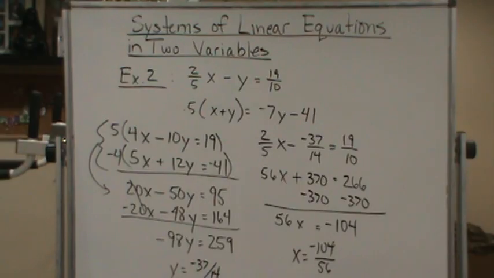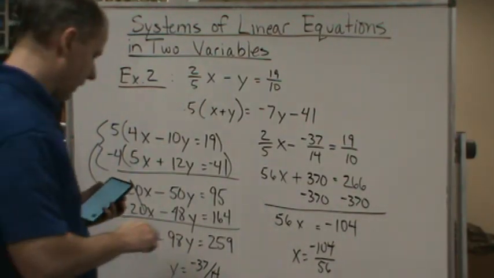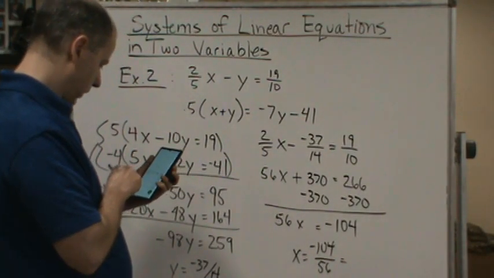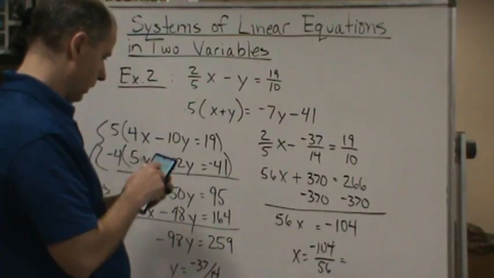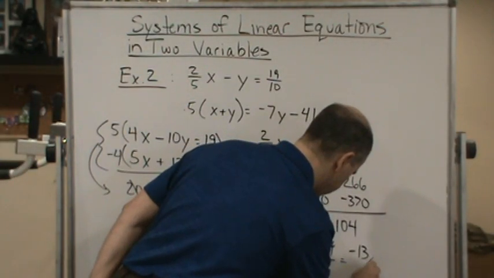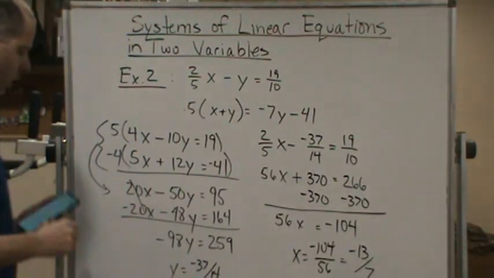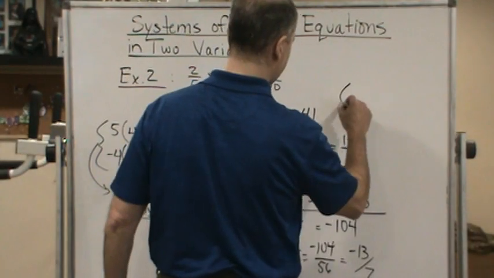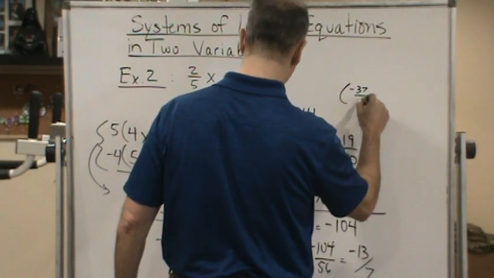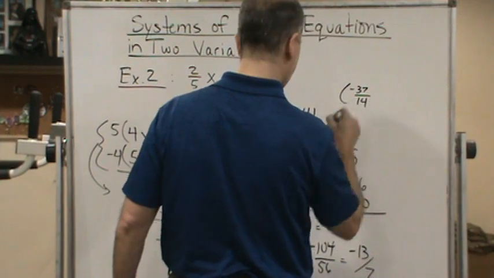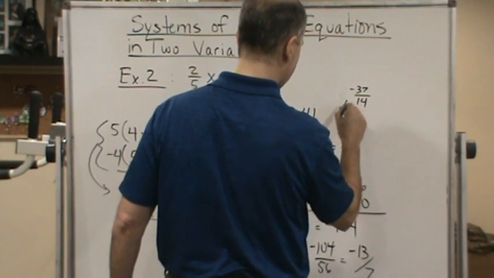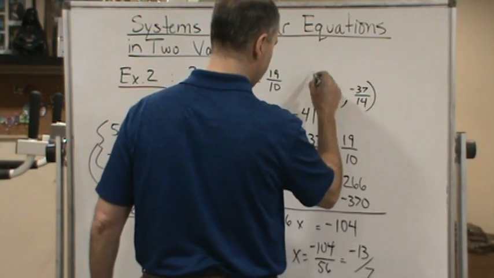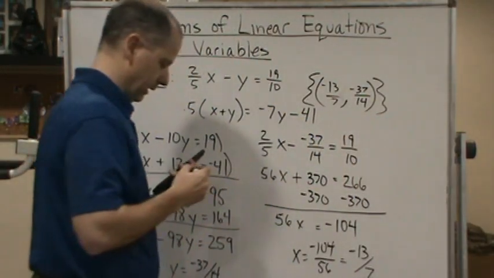Okay, 8 goes into each of them. So 104 divided by 8, yep, so negative 13 over 7. Okay, so that would be it. So y equals negative 37 over 14, and then x is negative 13 over 7. And so this would be our solution.